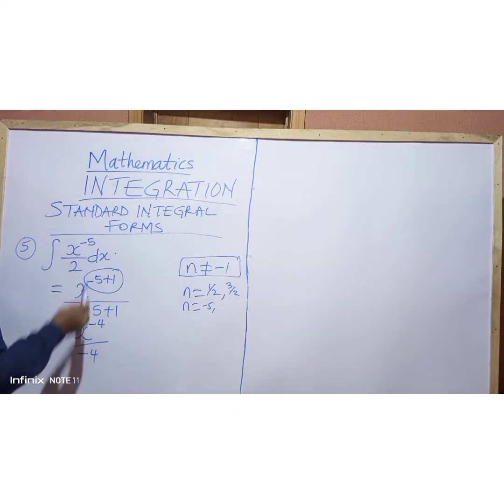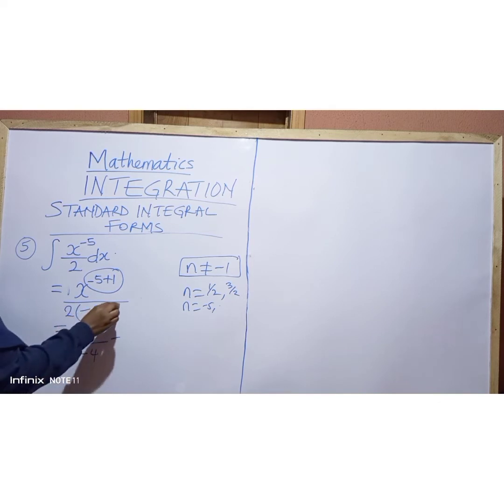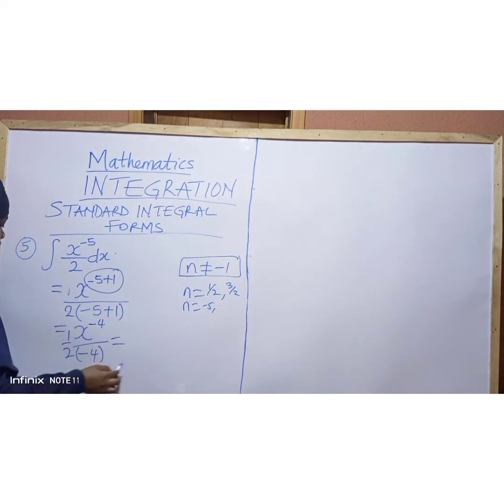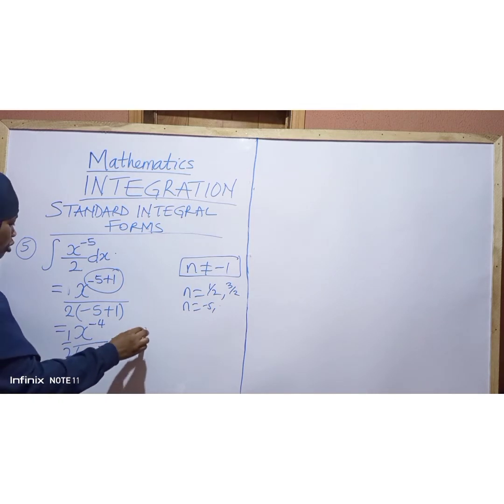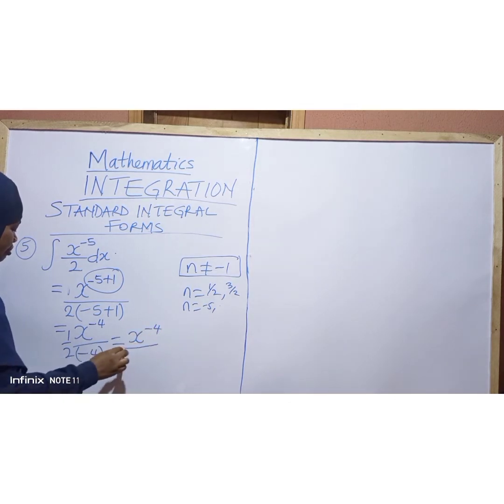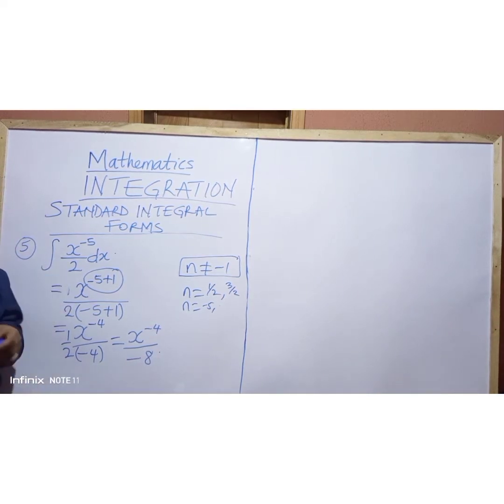But don't forget that I have this 1 over 2 there before. So I write it. So I have 1 over 2, or just say 2 multiplied by this one. So my answer is equal to x raised to the power of minus 4 divided by minus 8. So that is how to integrate any integral in this form.